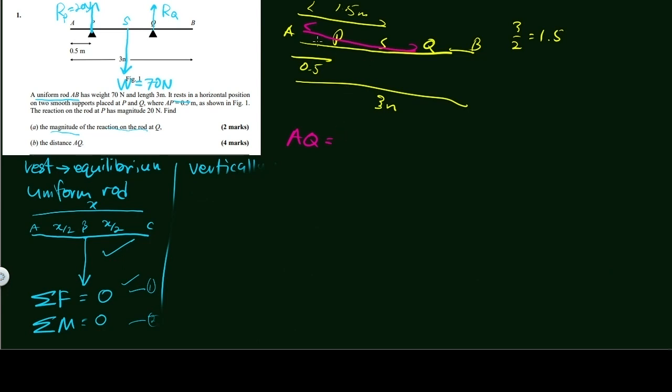AQ equals AP plus PQ. We already have the value of AP, which is 0.5 meter, plus PQ. So that means we need this distance between P and Q. What is the distance between P and Q?